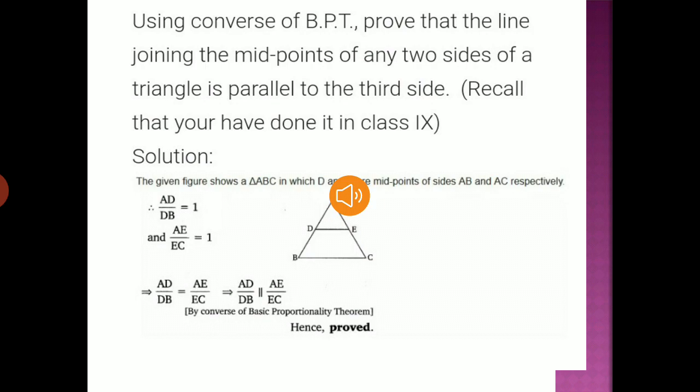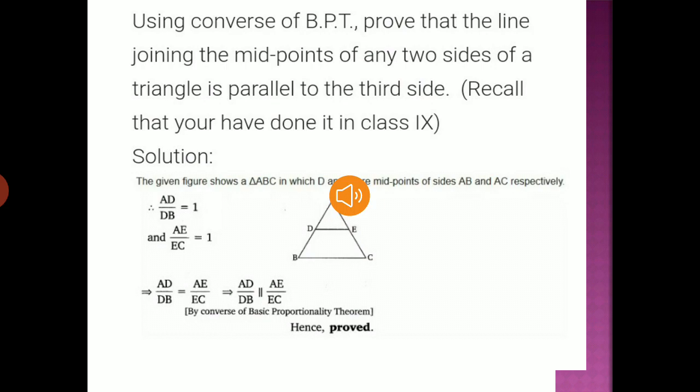Here, you need to prove DE is parallel to BC, and D and E are the midpoints of AB and AC is given. So, D is the midpoint of AB means the AD by DB ratio is equal to 1. And E is the midpoint of AC means AE by EC is also equal to 1.